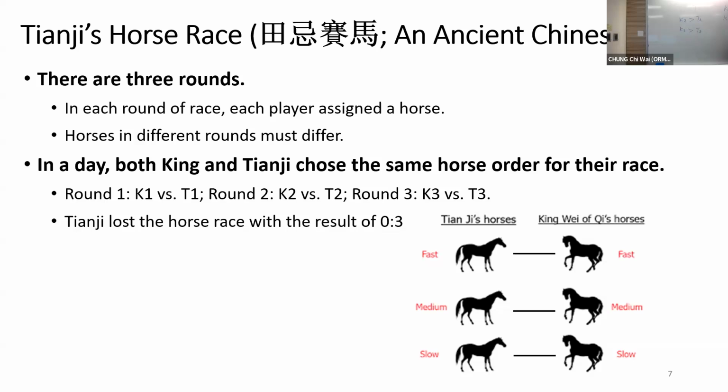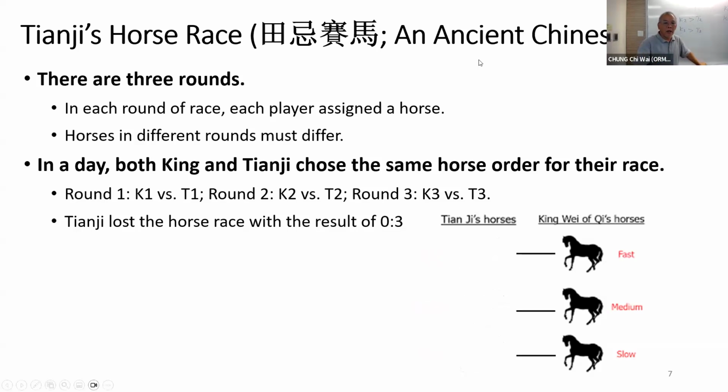Okay, these two players, the king and also the general, use the same sequence. So after the race, now you can see that King White wins the game.